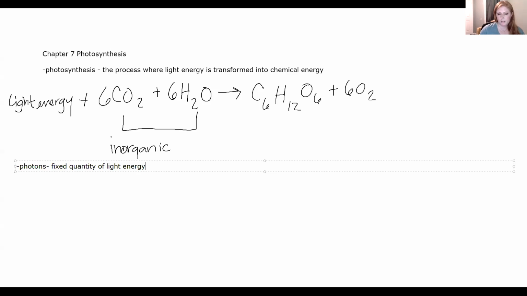All right, let's do a little bit more vocabulary. This is going to be kind of some of the anatomy of the plant, if you will. Let's talk about chloroplasts. Chloroplasts are light-absorbing organelles.